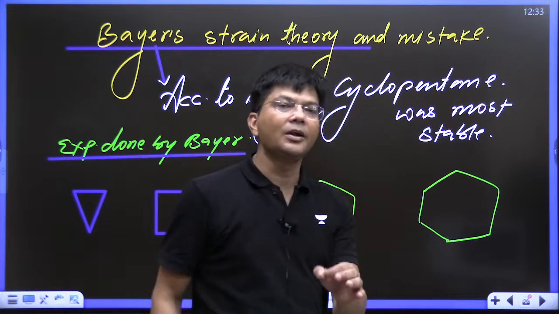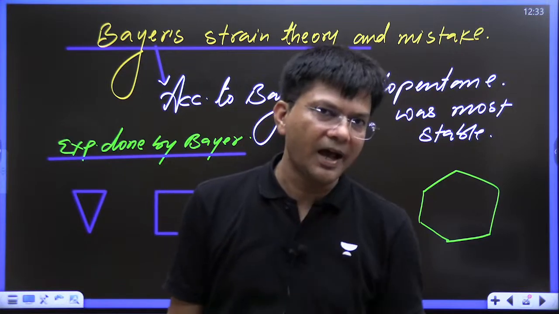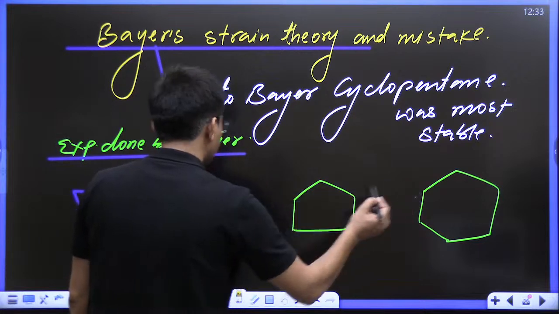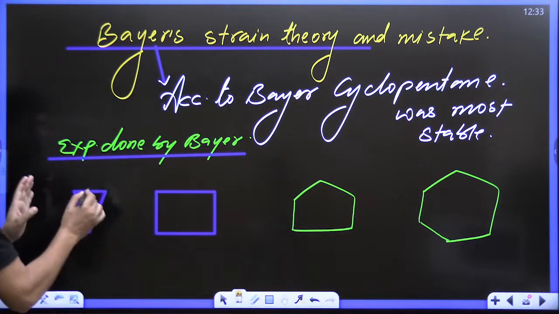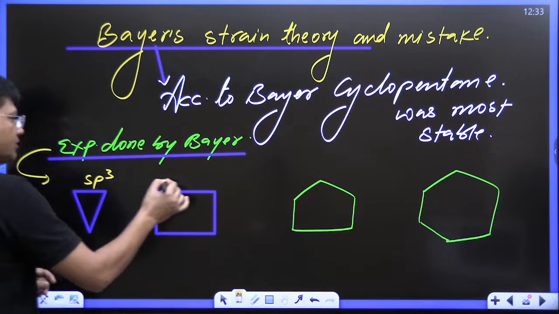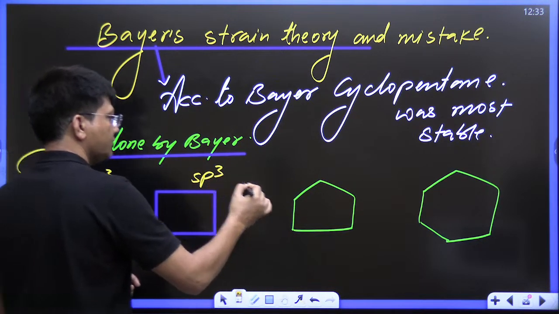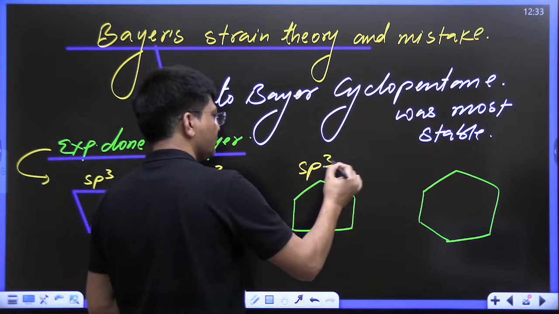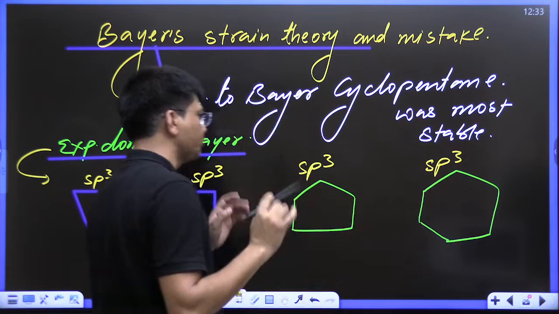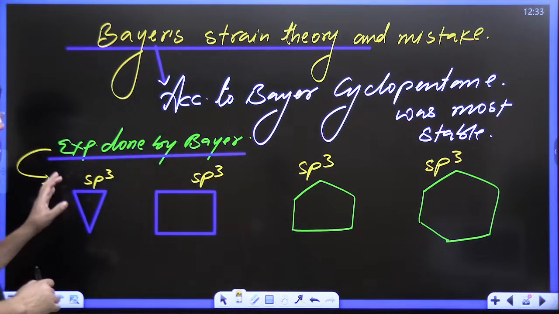If you know a little bit of maths, then Baeyer said they are all sp3 hybridized. I am not saying that; according to Baeyer, this is sp3, this is sp3, this is sp3, and this is also sp3.